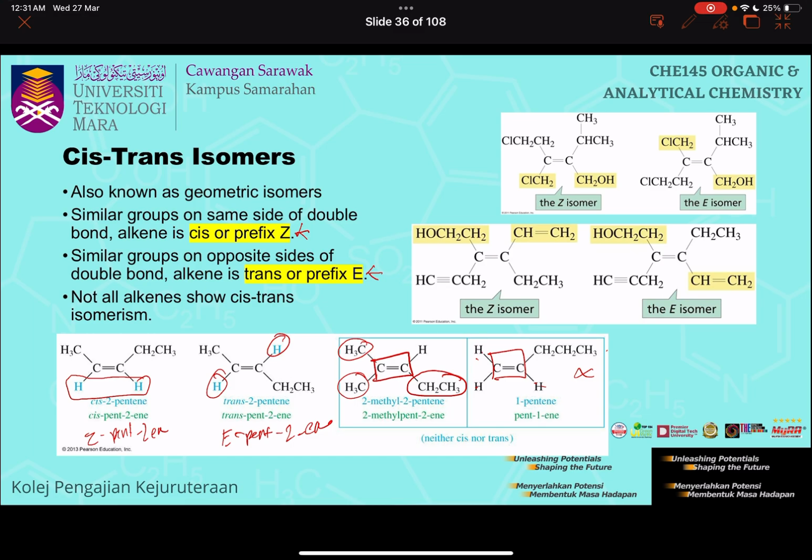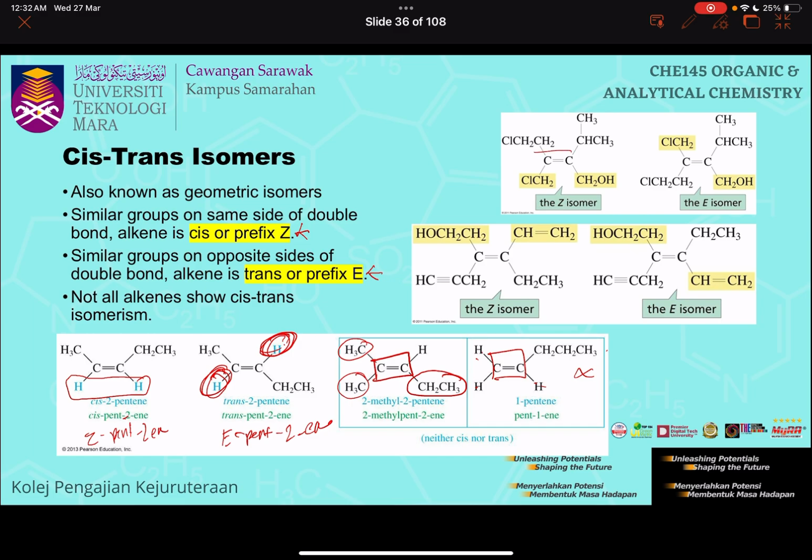But in this one, you have to find a common element. Normally we look for the hydrogen. If the hydrogens are on the same side, then it's a cis. If on opposite sides, it's a trans. So remember if it's asking for cis and trans, you have to look at the structure.